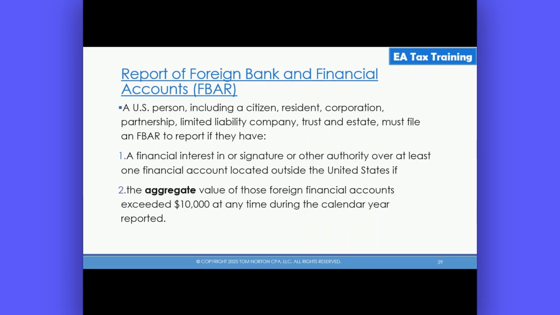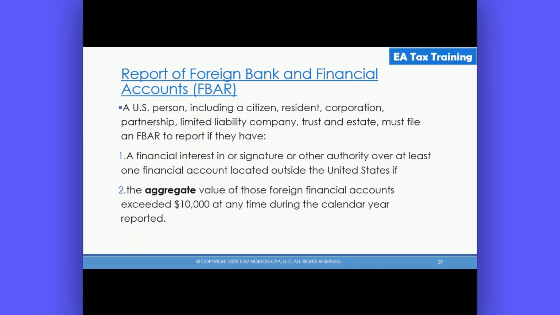The FBAR needs to be filed by a U.S. person, which includes a citizen, a resident, a corporation, a partnership, a limited liability company, a trust, an estate, if they have a financial interest in, or signature or other authority over, at least one financial account located outside the United States, if the aggregate value of all of those foreign accounts exceeded $10,000 at any time during the calendar year.